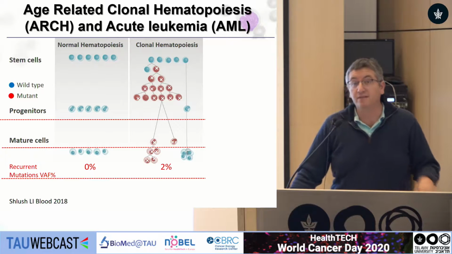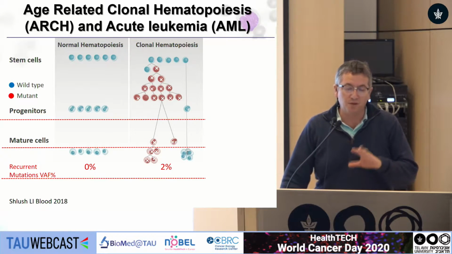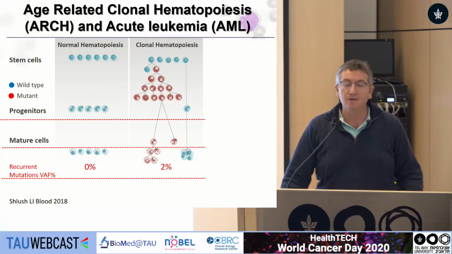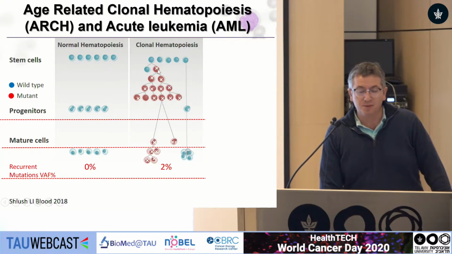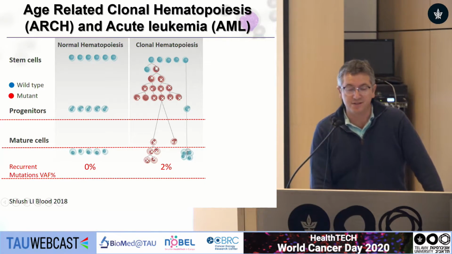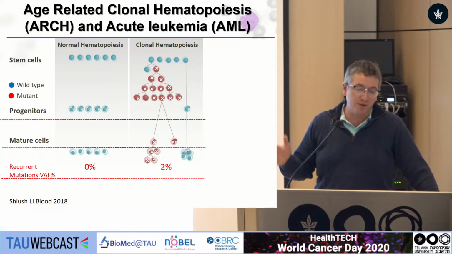These stem cells do not increase in an equal way. So what we described, and others described also, is that hematopoietic stem cells, one of them at some point in the aging process, acquire somatic mutations. Here you can see in red the cells, and these somatic mutations lead to clonal expansions of specific hematopoietic stem cells.